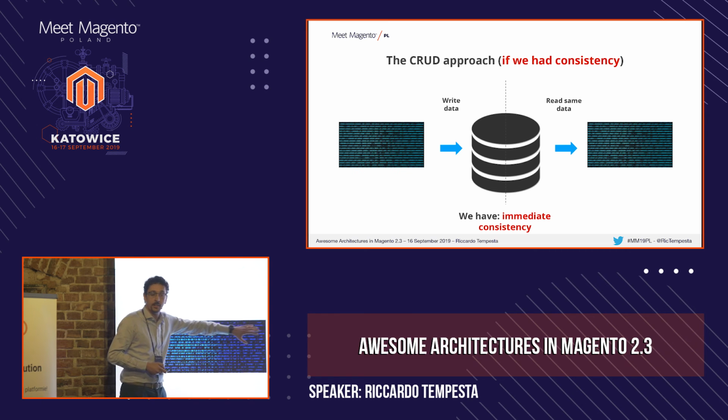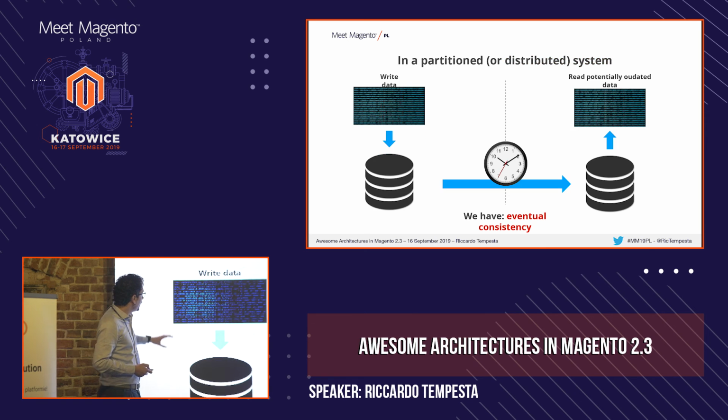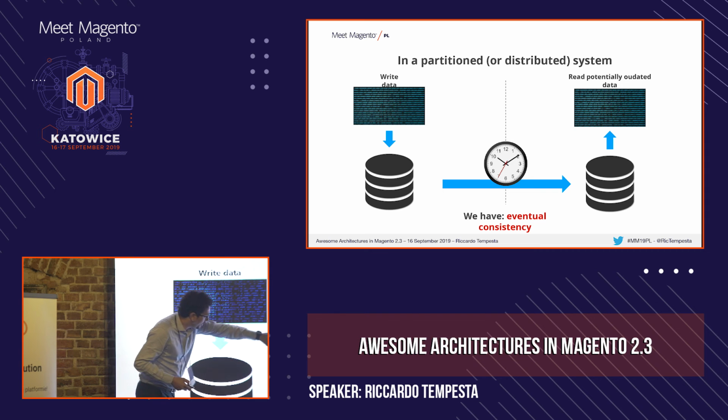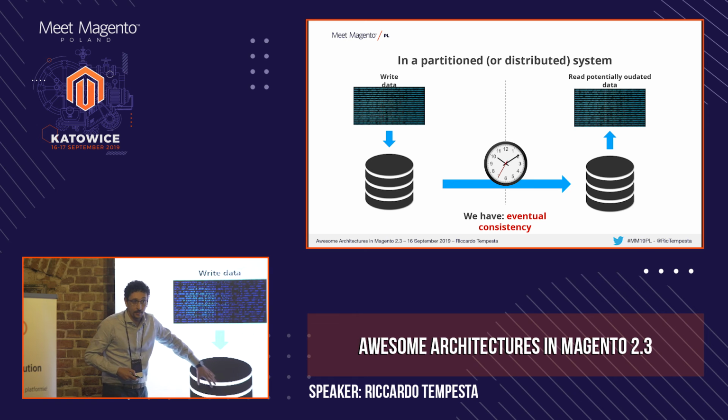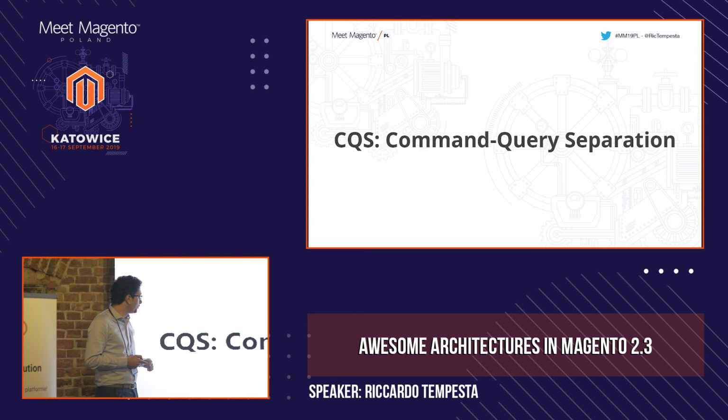If I save a product and I get the product, I have the information. This is fine. But if we are in a partitioned system, the two systems to be aligned or connected may require time. So when you write data and you read data from the other side, you may read outdated data. So probably we need to change this approach into something slightly different.